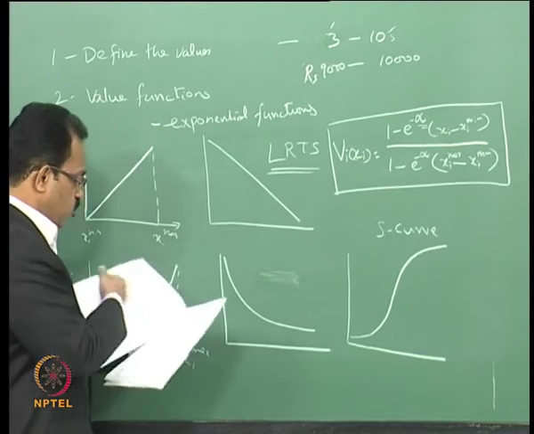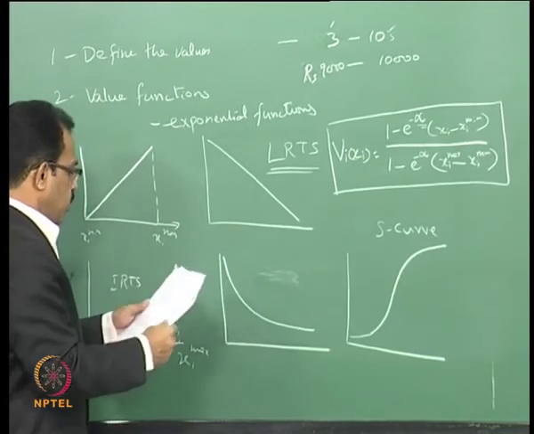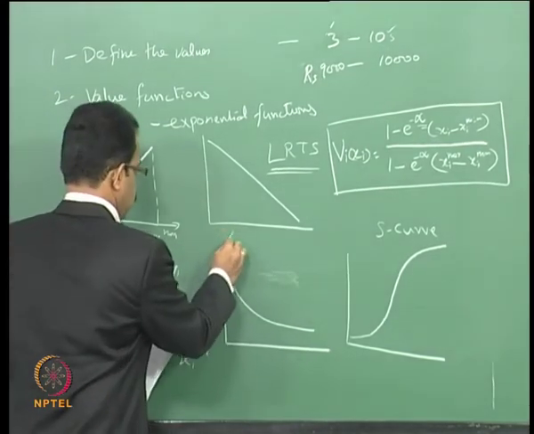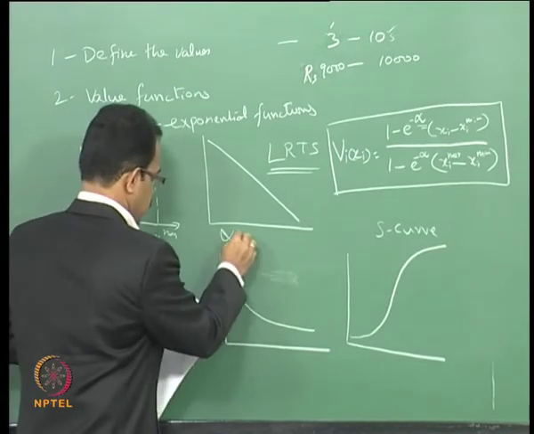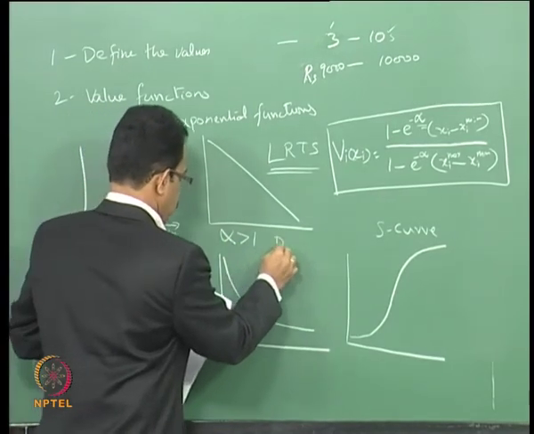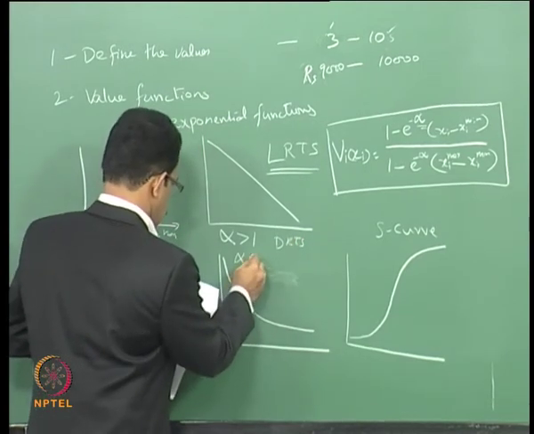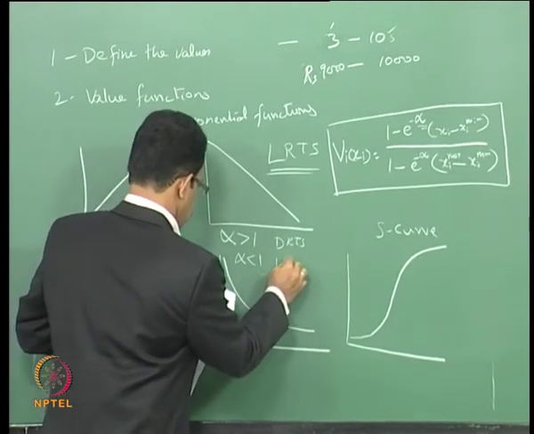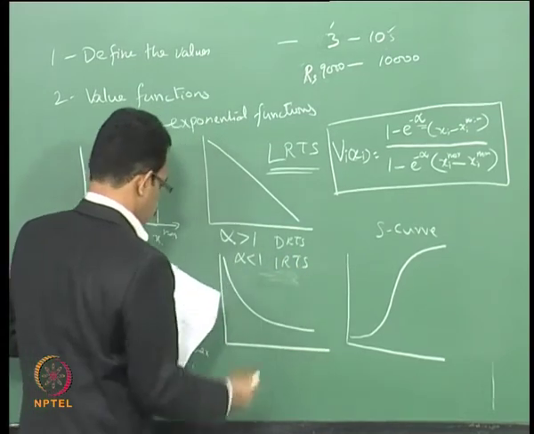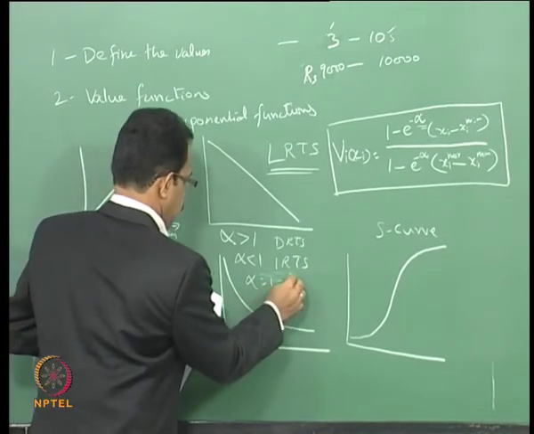As alpha changes, we will have various curves. When alpha is greater than 1, you have a decreasing return to scale. When alpha is less than 1, you will have an increasing return to scale, and when alpha is equal to 1, we have a linear return to scale.